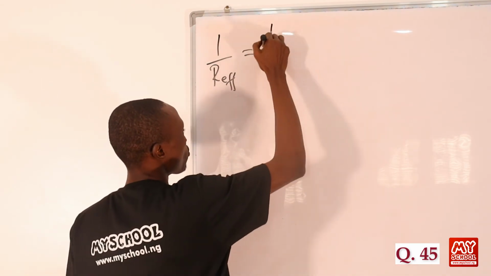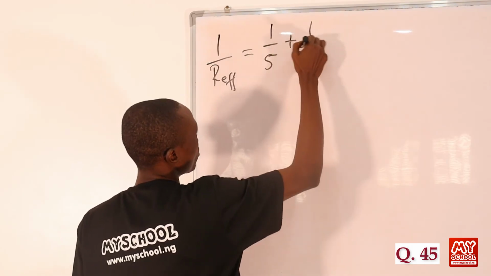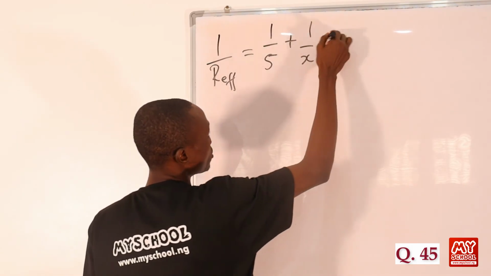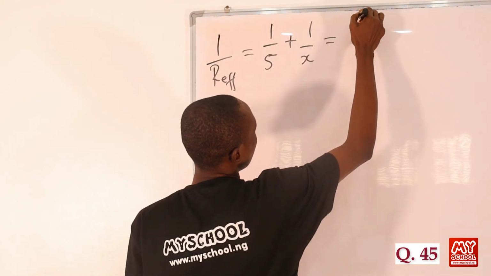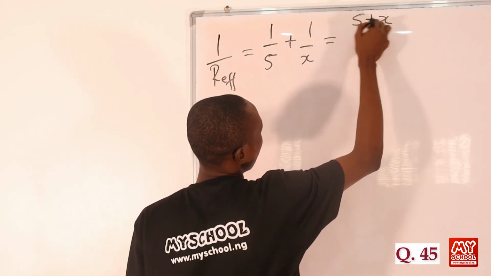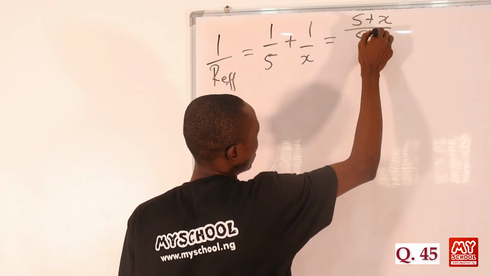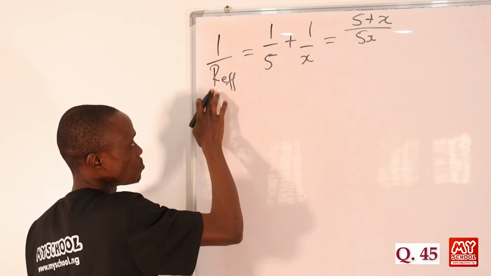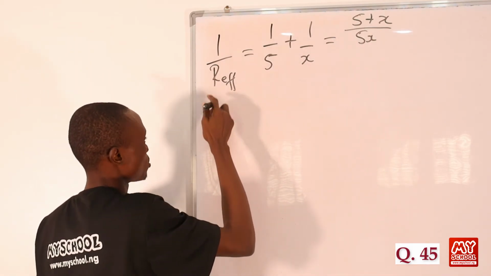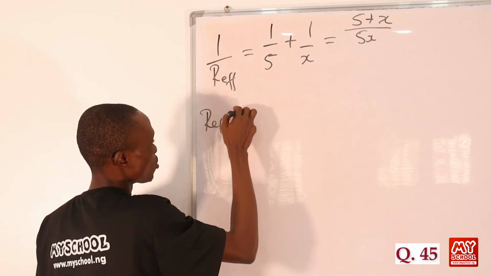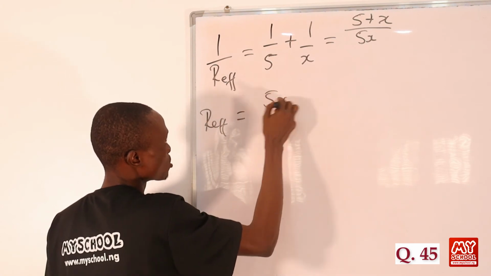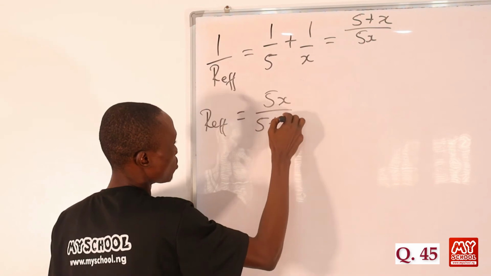So in that case, we're having 1 over 5, then plus 1 over X, right? So in this case, we'll be having 5 plus X over 5X, right? But we are looking for the effective resistance. So in that case, R effective will be equals to 5X all over 5 plus X.